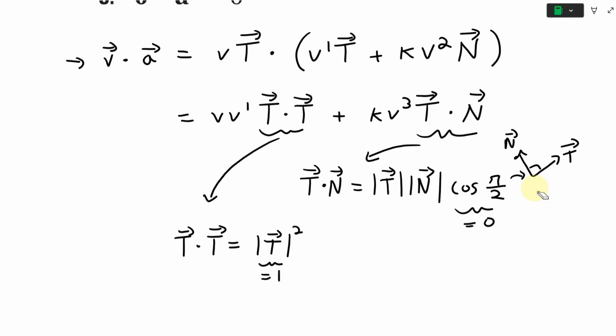You have the vector divided by its magnitude, so you just get length 1. Multiplied by itself, and then cosine of 0, and this one equals 1. It's cosine 0 because this vector is multiplied by itself, so they're both parallel. You have T by itself, so the angle between them is 0.